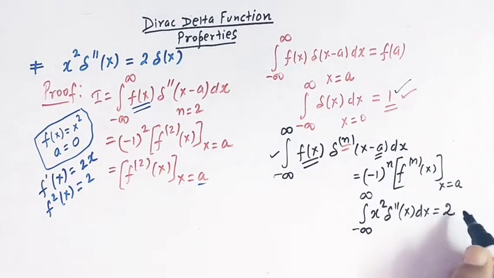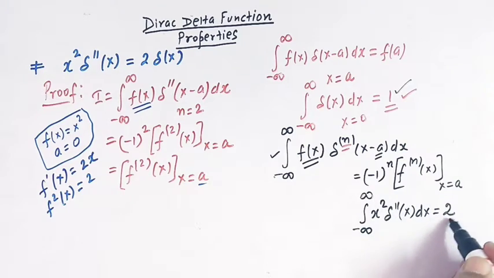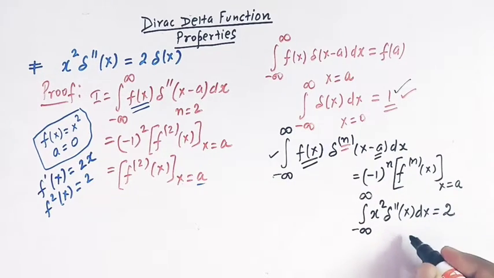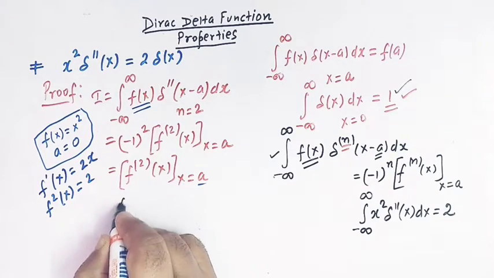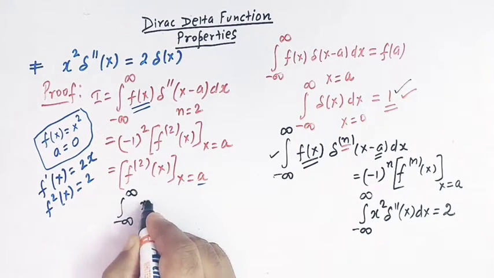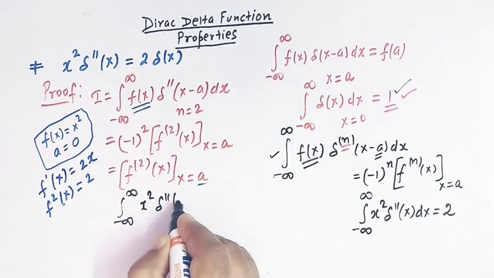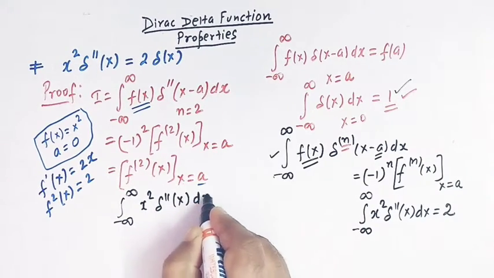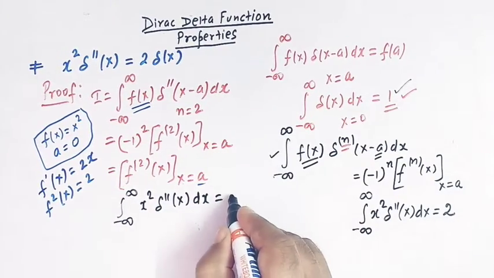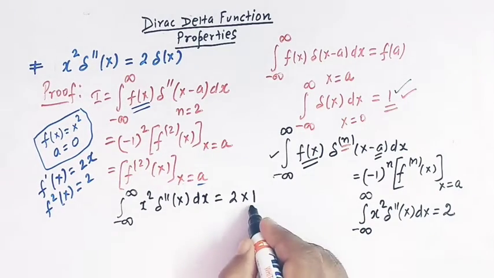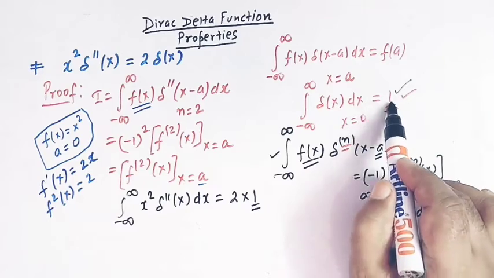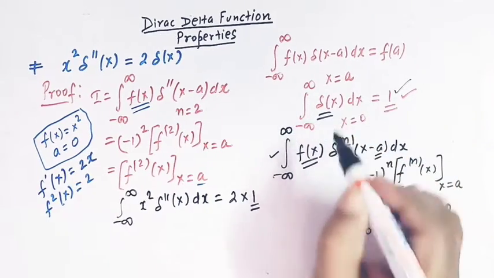So viewers, see, we have this expression, right? And here we can write the integral from minus infinity to infinity of x squared times the second derivative of the Dirac delta function, and this 2 may be written as 2 times 1, right? And this one can be replaced by this integral, right?